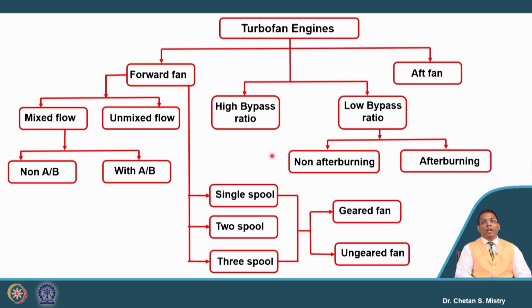So, you can understand now what we will be discussing in weeks 5, 6, 7, 8 and 9. That is dedicated to the turbofan engine, the recent engines, and the future upcoming engines we will be discussing.